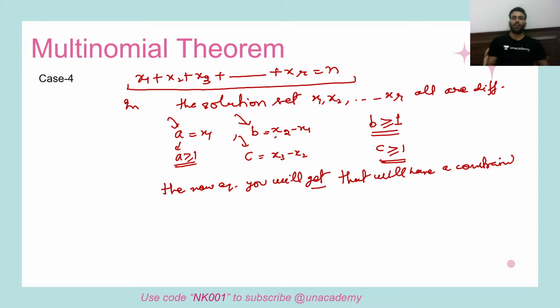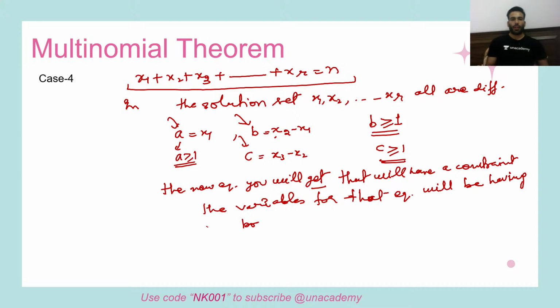What sort of constraint? The variables for that equation will have only positive values. They can't have 0 as their solutions.